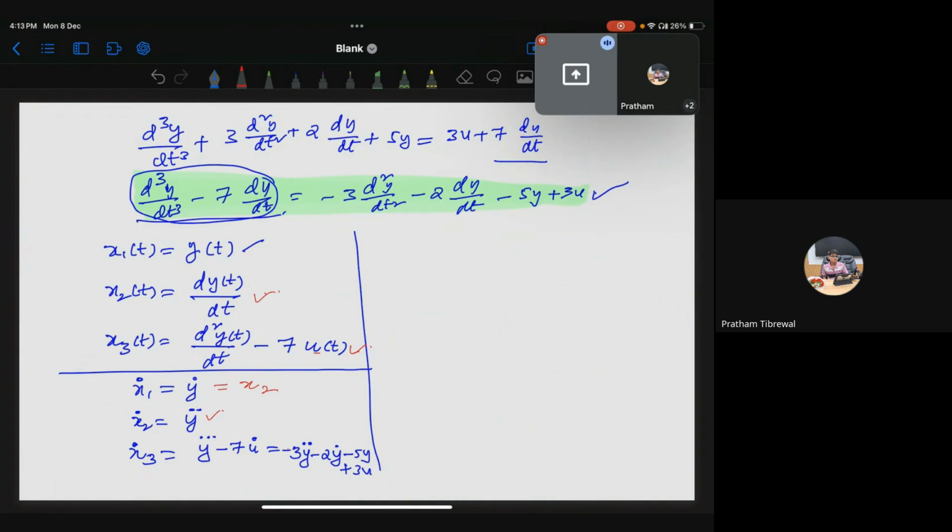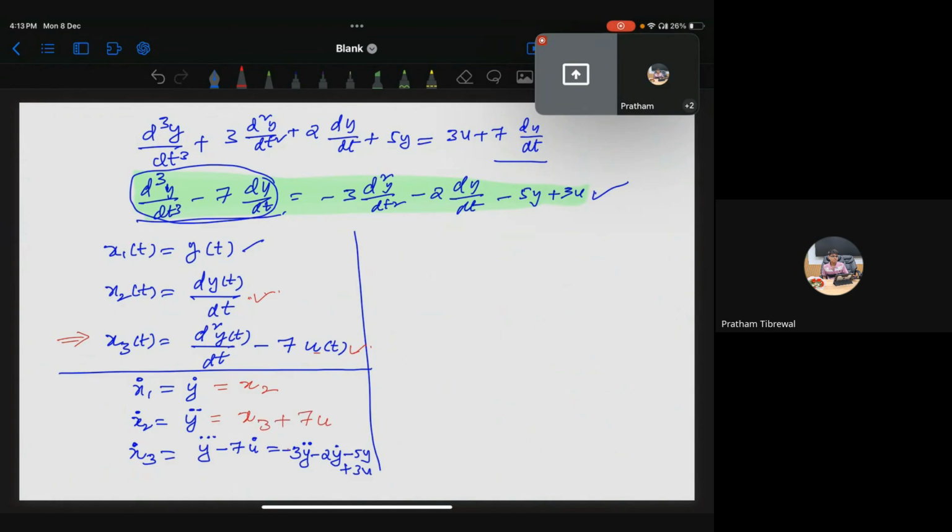Y dot is nothing but what? X2. Correct? Yes, sir. Now, Y double dot is nothing but what, from this equation? X3 plus 7U.